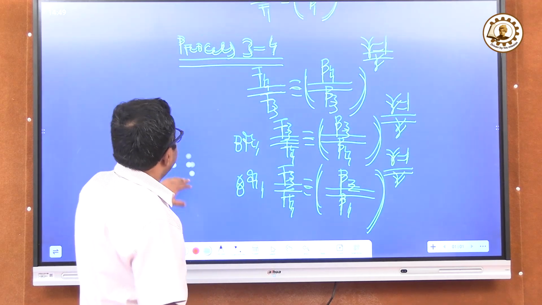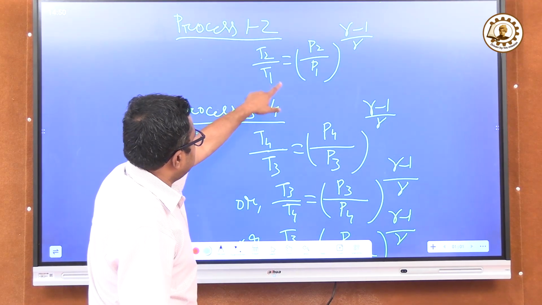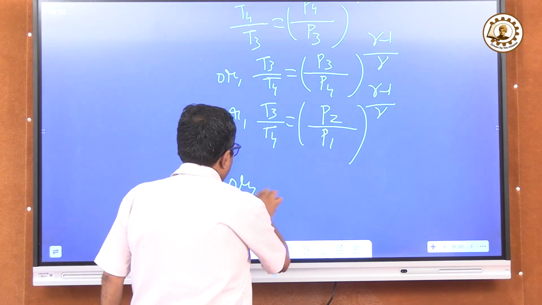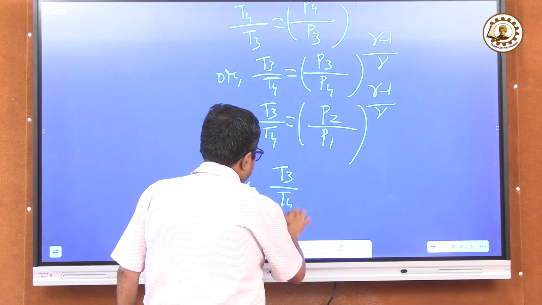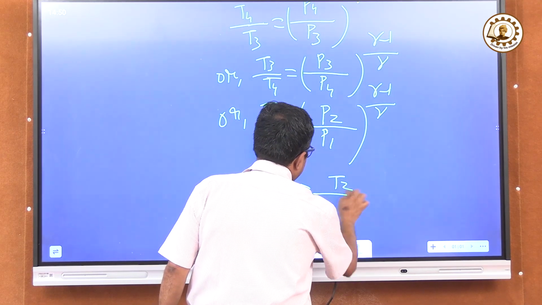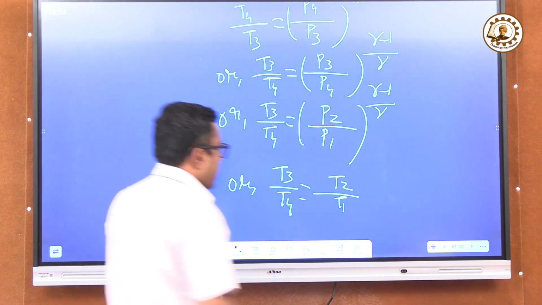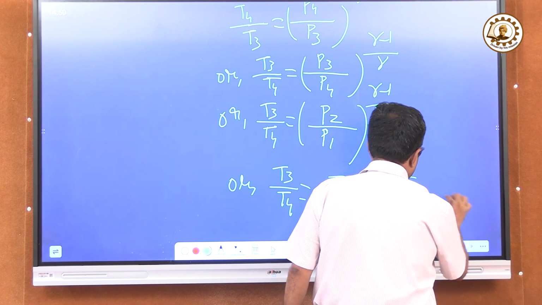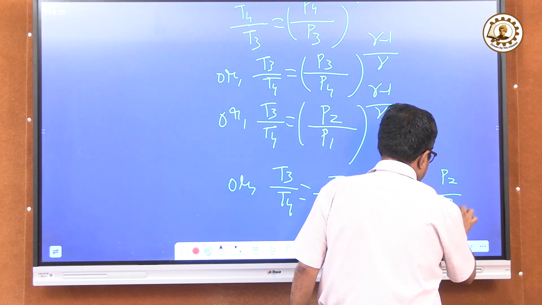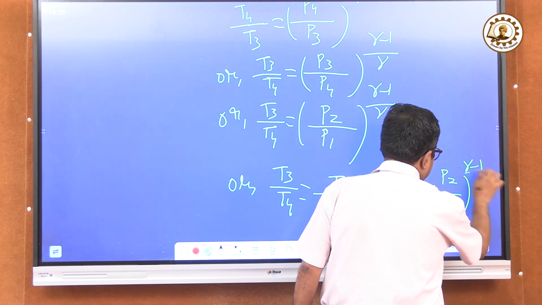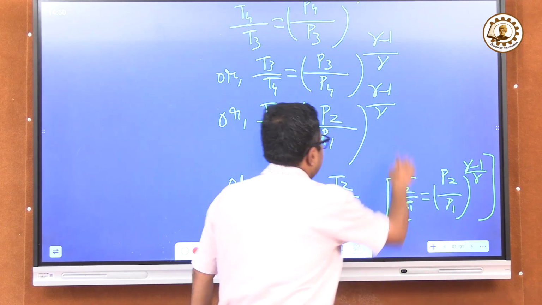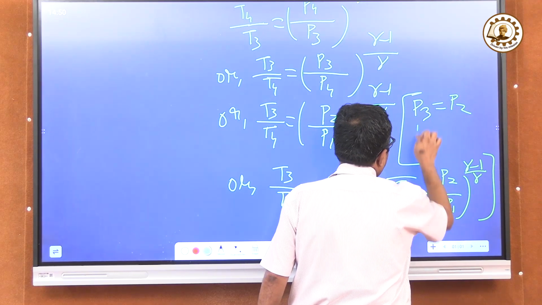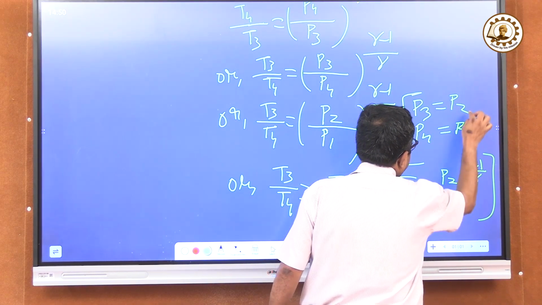We know T2 by T1 is equal to (P2 by P1) to the power (gamma minus 1) by gamma. This is the same. So we can write T3 by T4 is equal to T2 by T1.